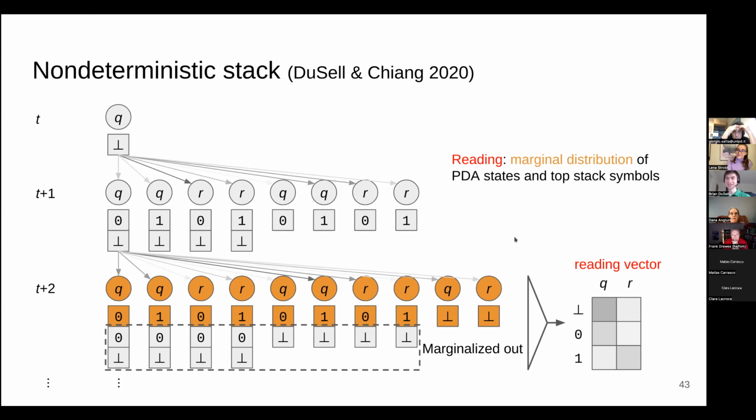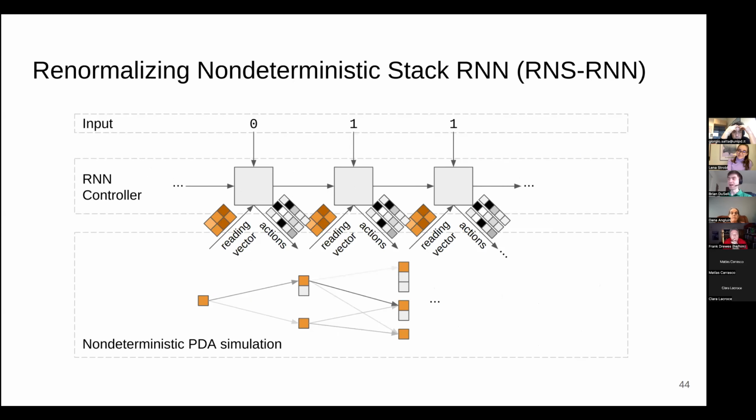No? All right, great. So at this point, I just want to take a minute to make sure that the role of the pushdown automaton in this model is very clear. The RNN controller doesn't interact with this PDA directly because the PDA can exist in a very large number of different configurations. What the RNN interacts with is a simulation of the PDA's non-deterministic branches.